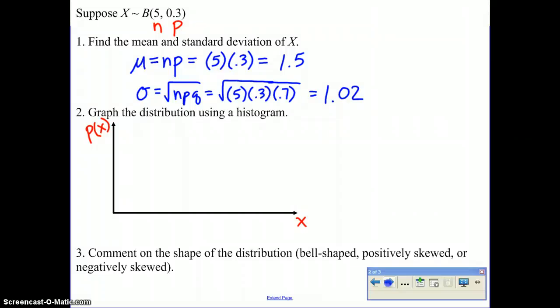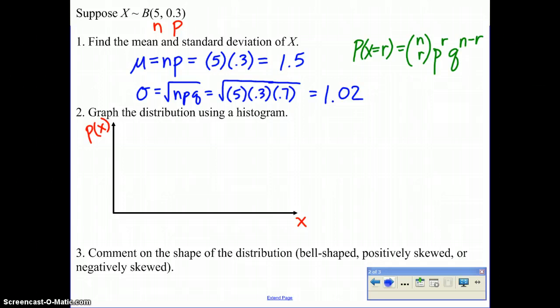So what we need to do is use the formula for binomial probability, which is that the probability that x equals some specific outcome r, number of successes, is n choose r times p to the r times q to the n minus r.